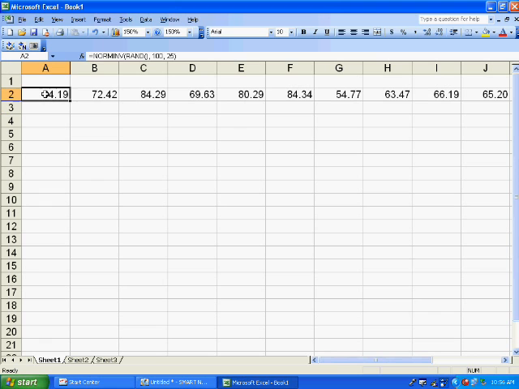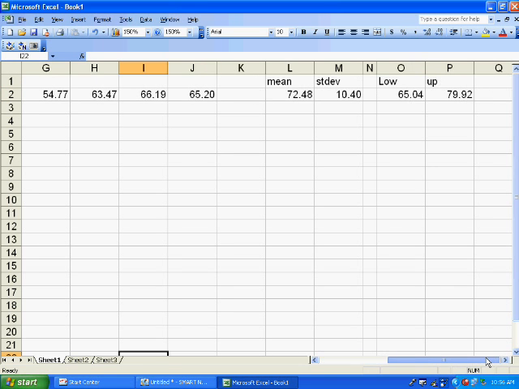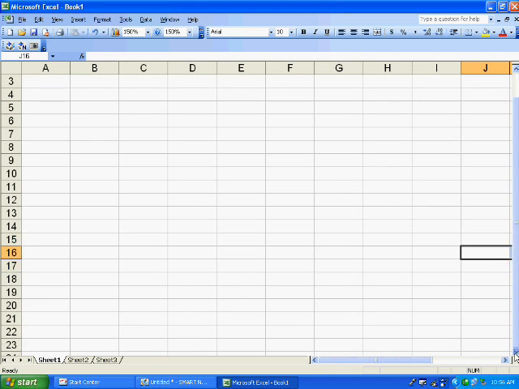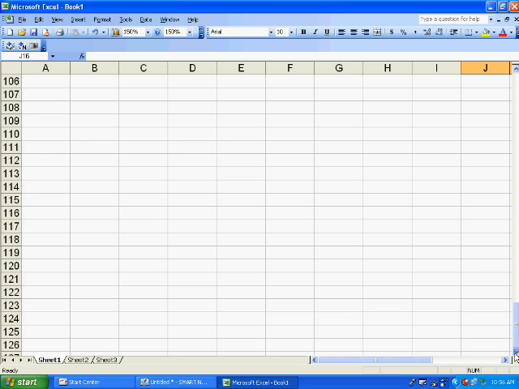Okay, let me highlight that. And wait, how far over does it go? It goes over to P. So I'm going to go down. What I want to do is have what we did before. When I was demonstrating confidence intervals before, I think we had 500 different samples. So I want to do the same thing.